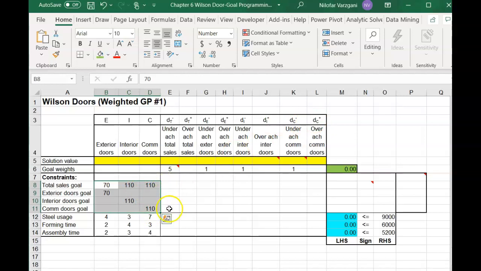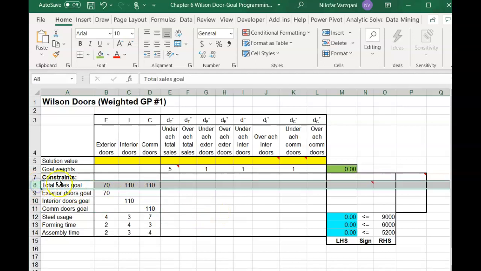If we don't add these, Excel will not know that DT negative and DT positive are the total sales goal deviations, DE negative and DE positive are the exterior goal deviations, and so on. So that is why we have to add these 4 constraints, one for each goal in our goal programming model.